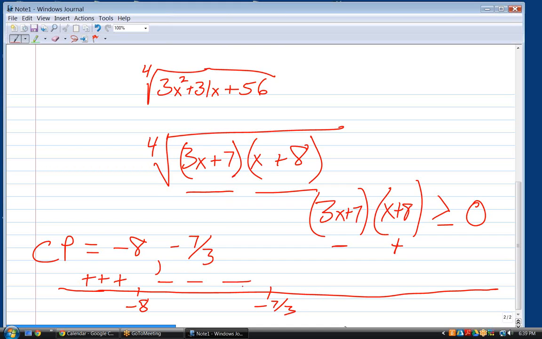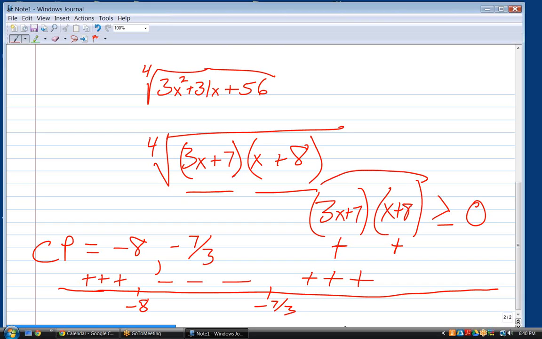So everywhere in between those two critical points, the answer is negative. Last, check a point to the right. How about 0? Well, 0 gives a positive, so everything to the right is positive. Now we have our solution for the domain.